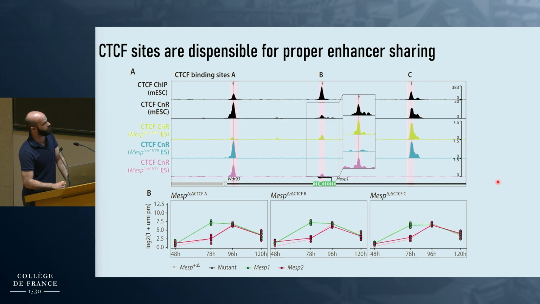MESP2 here is cut off, but it's here. And another site here that faces the other way around. Regardless of which CTCF sites we removed, there was no transcriptional change. So at least after deletion of single CTCF sites, it looks like this is not participating in the insulation of these genes.